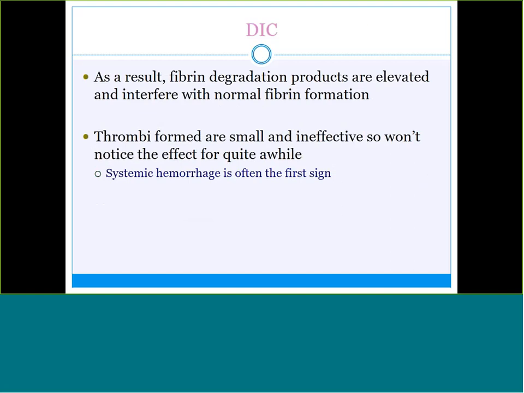So as a result, we definitely see FDPs, fibrin degradation products, elevated. Remember, fibrin degradation products are those little pieces of clots that come off, and we can measure them. You can either do a fibrin degradation product test, or the common test to run is what we call D-dimer. A D-dimer is specifically looking for that piece of product off the clot.